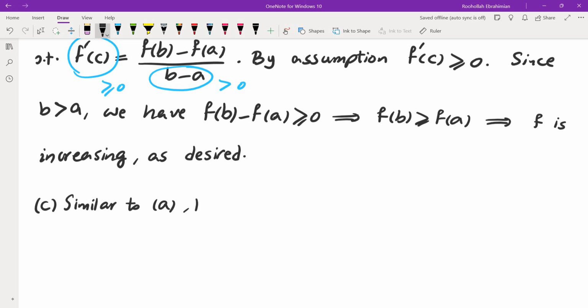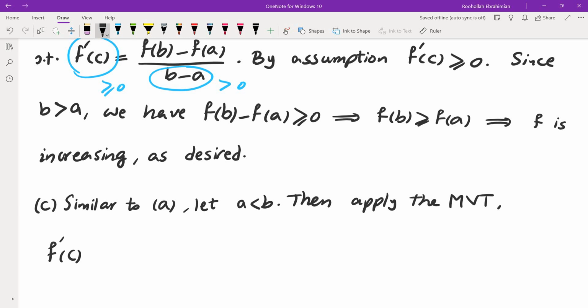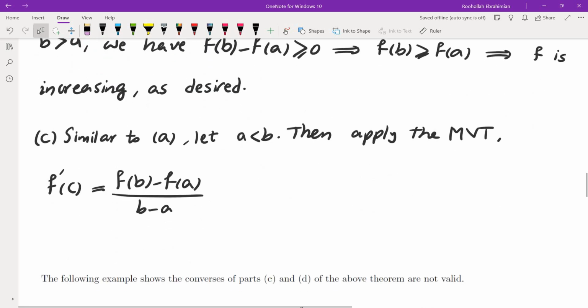A, let a be less than b. Then apply the mean value theorem. f prime of c becomes f of b minus f of a over b minus a, and use the fact that f prime is positive.